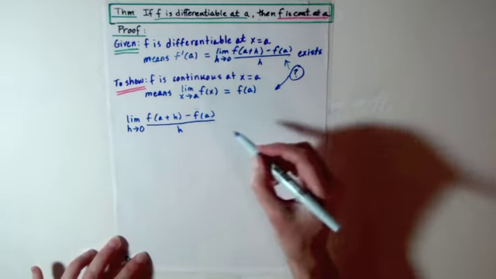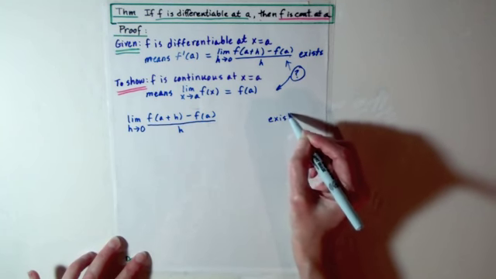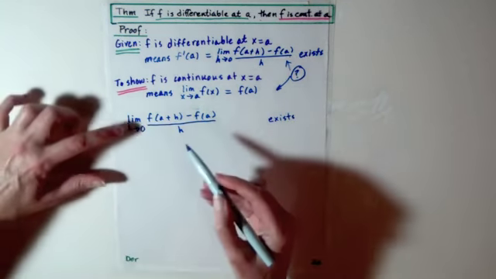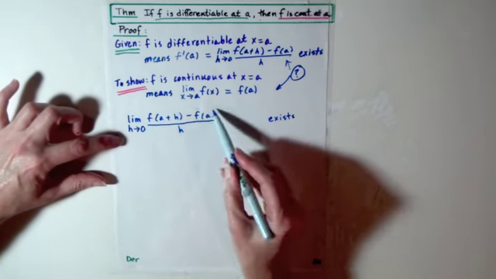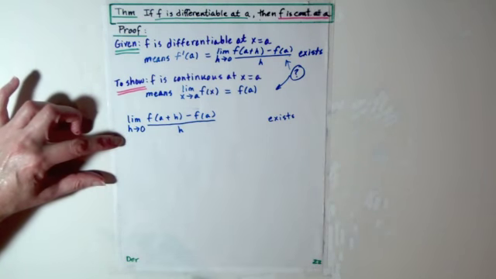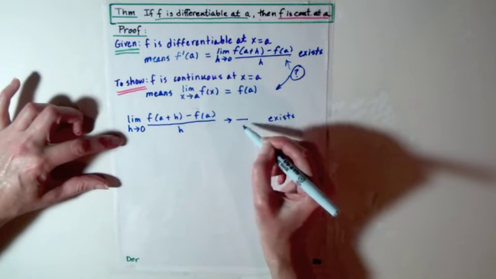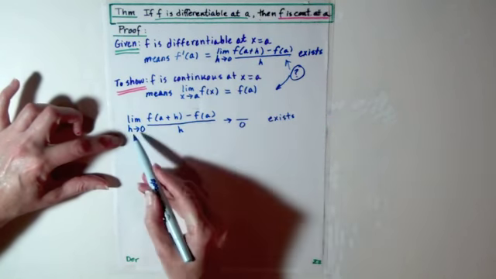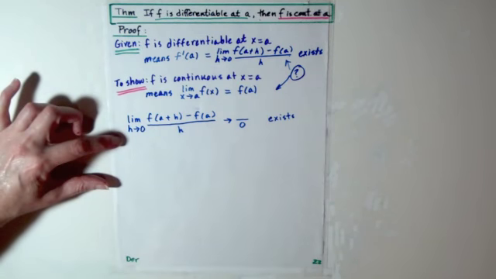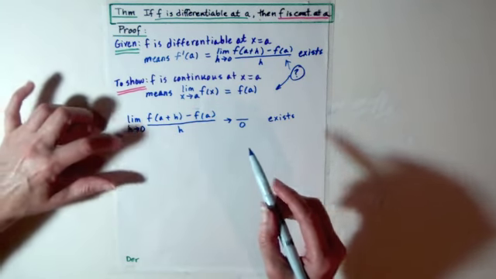So we know that this limit exists, and what I want you to do is think a little bit about what's happening in the top and the bottom of this expression as h gets closer and closer to 0. The bottom of this fraction has to be going to 0. We know that because h is approaching 0. We also know that this limit exists.